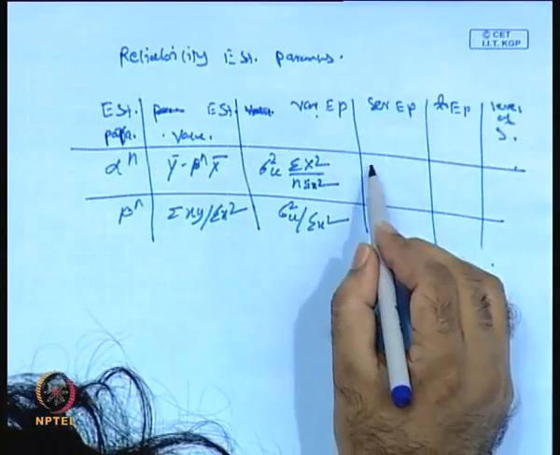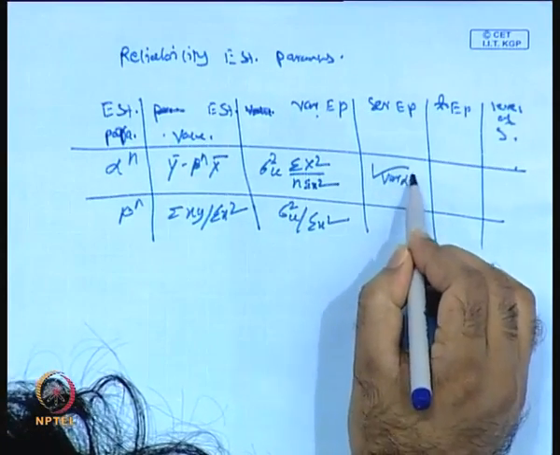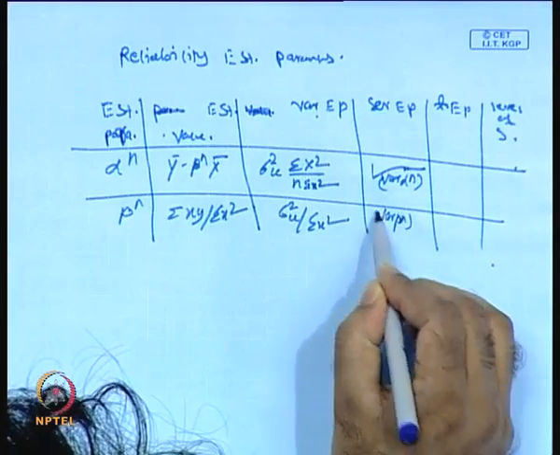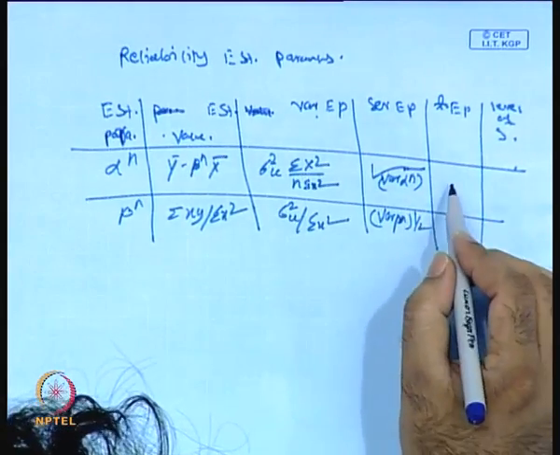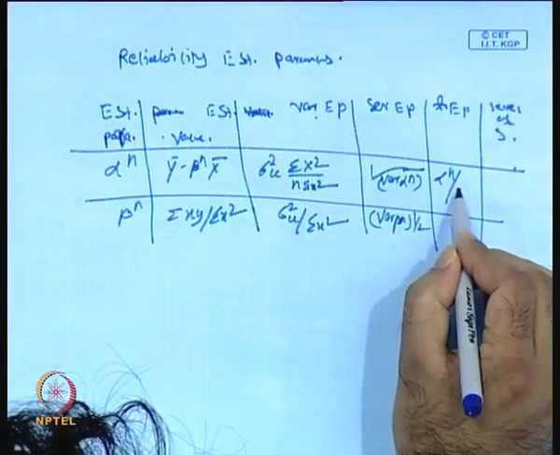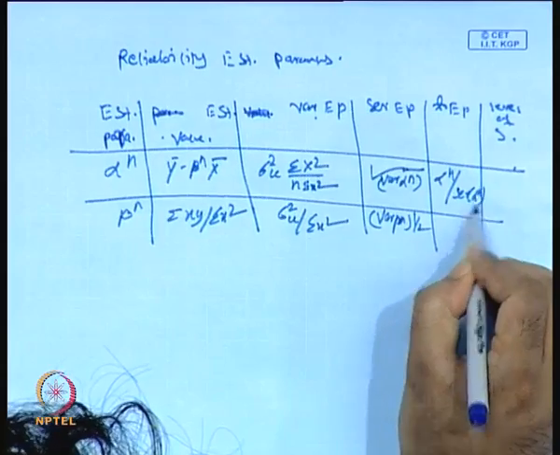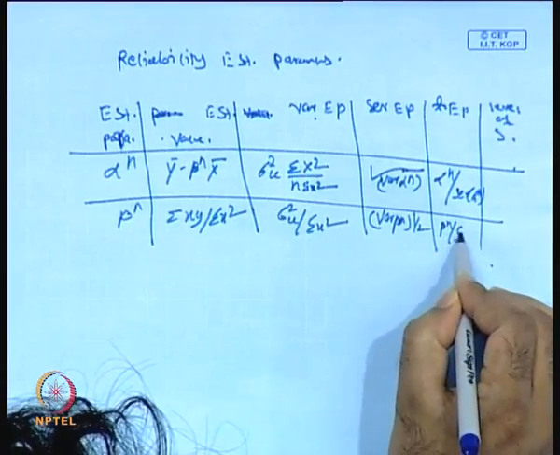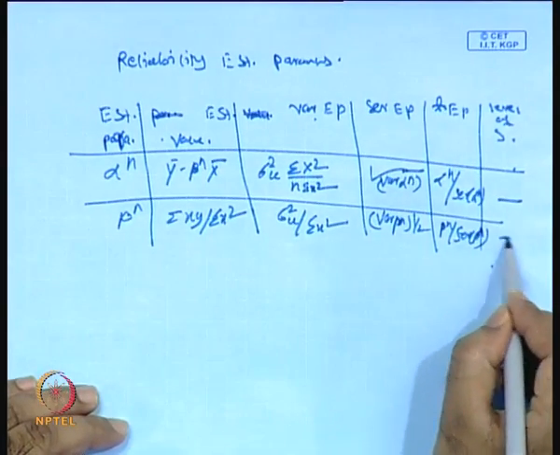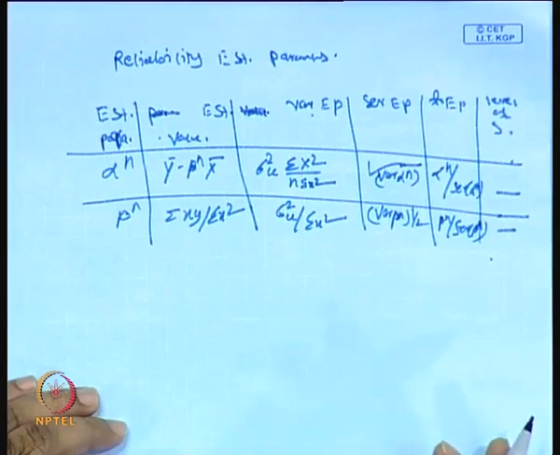The standard error is variance to the power 1 by 2, and T is alpha hat by standard error of alpha hat, and beta hat by standard error of beta hat. The probability level of significance we have to judge accordingly.